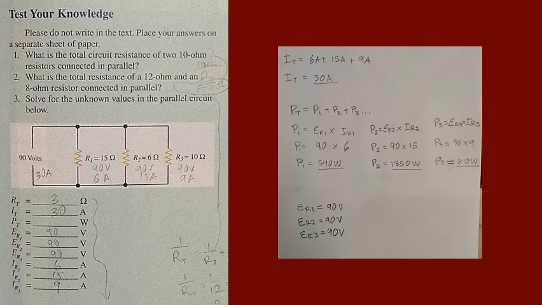At P3, again, voltage drop at resistor 3 times the current flow at resistor 3, which is 90 volts times 9 amps, or 810 watts. And again, down below we show that there is a 90 volt drop at each resistor location.